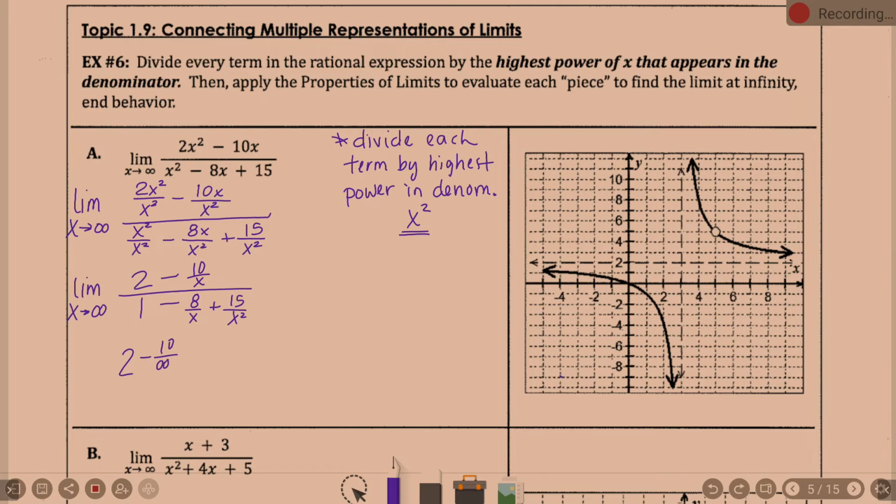Just go with it. 1 minus 8 divided by infinity plus 15 divided by infinity squared. That's definitely wrong. How would you square infinity? Okay, this goes along with the whole idea. You guys know we're doing stuff from the right and the left. I don't make you come up with those exact numbers, do I? No. We go for the overall idea of what's going to happen, and that's where we're going with this.